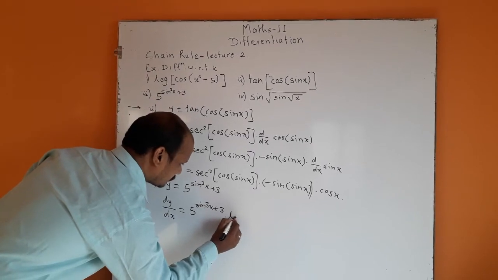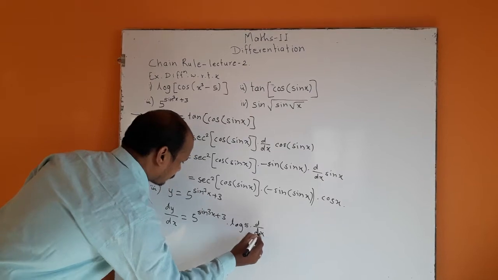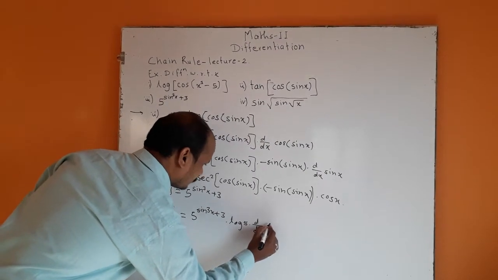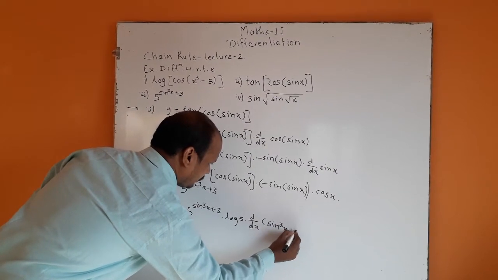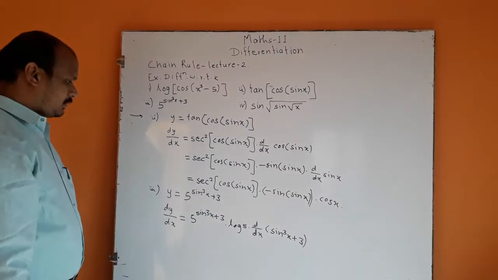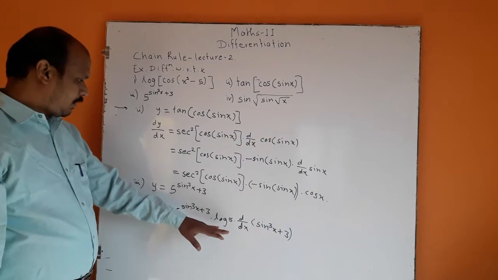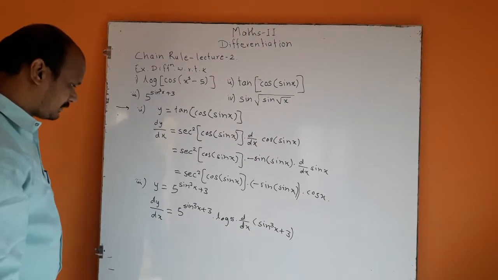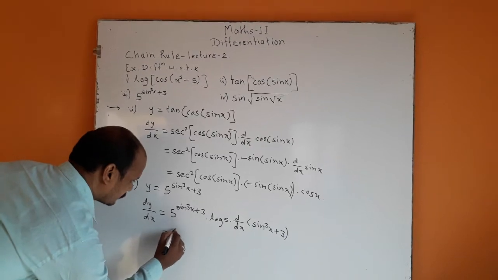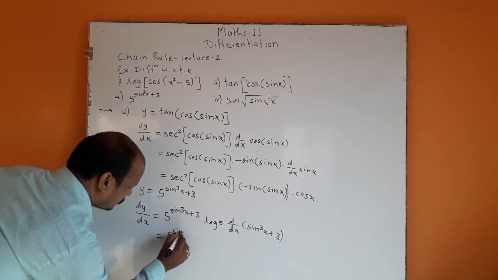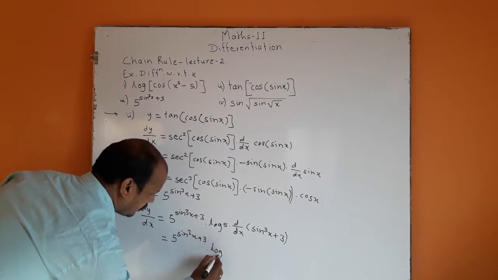into log 5 into d by dx of sin cube x plus 3, that is a raised to f of x into log a into f dash of x by chain rule, is equal to 5 raised to sin cube x plus 3 into log 5.